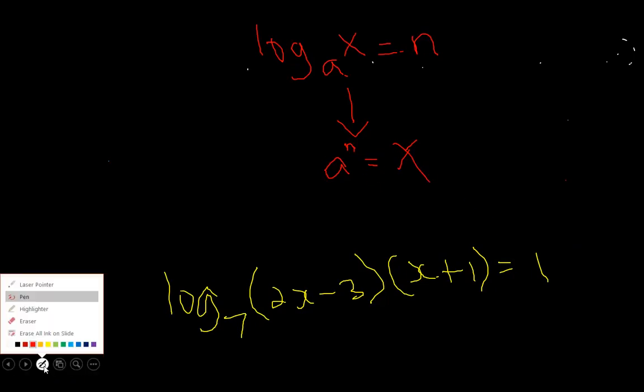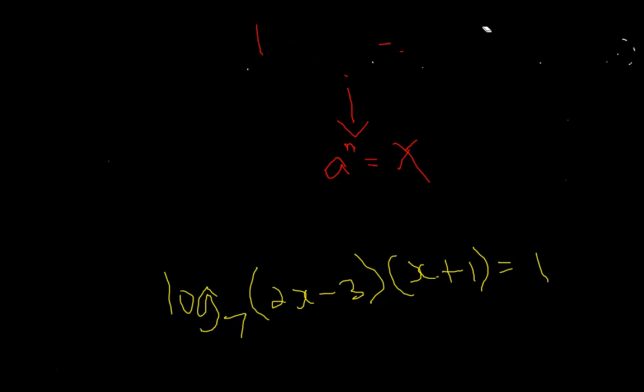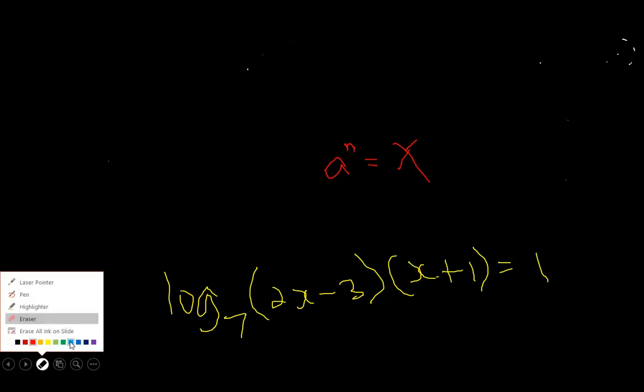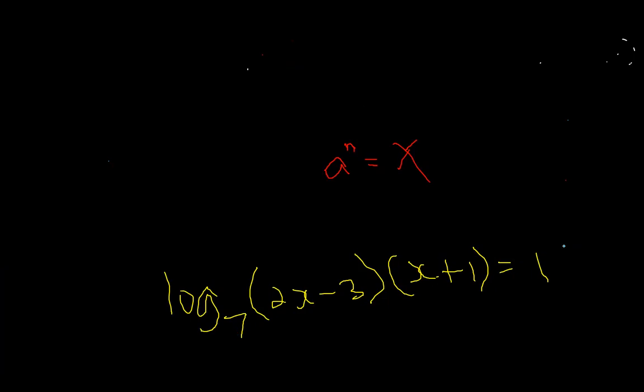Writing this yellow equation into exponential form: a, which is the base, 7, n is 1, that's a 1, is equal to x, which in this case is this.